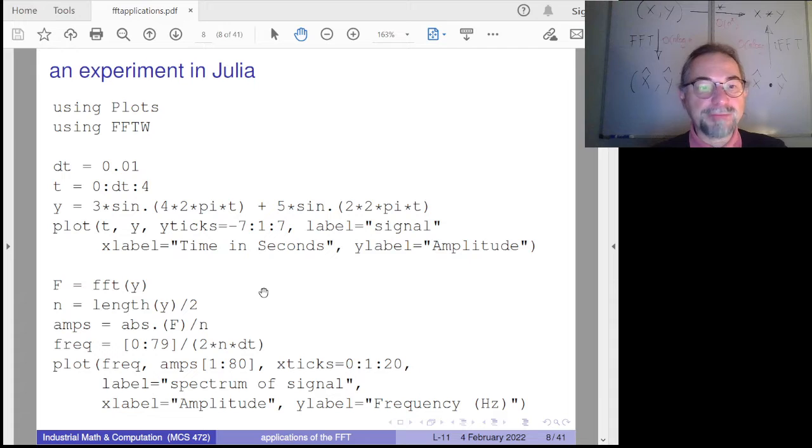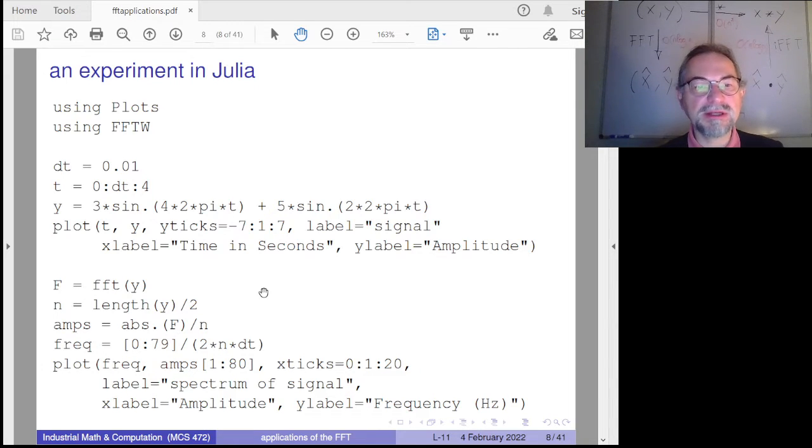So we look at the amplitudes then. The outcome of the fast Fourier transform is a sequence of complex numbers. We take the absolute values and we scale. Remember the normalization in the Fourier transforms.